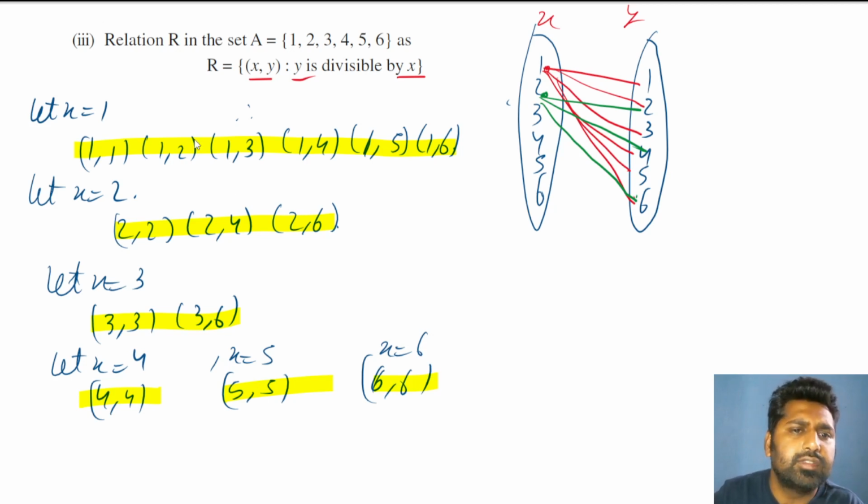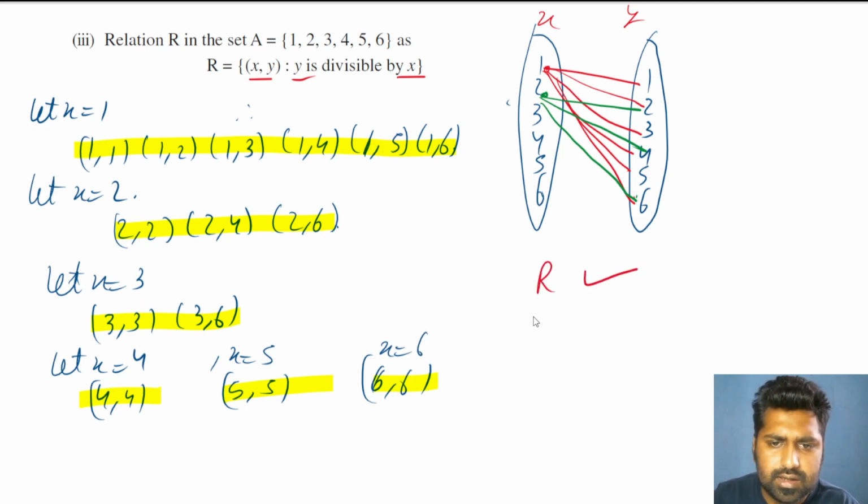Now tell me, is it reflexive? 1 1, 2 2, 3 3, 4 4, 5 5, 6 6, everything is present. So reflexive, yes. Symmetric, let's see, 1 comma 2 is there. Is 2 comma 1 there? No. And transitive, 1 comma 2 is there, 2 comma 4 is there, 1 comma 4 is there.